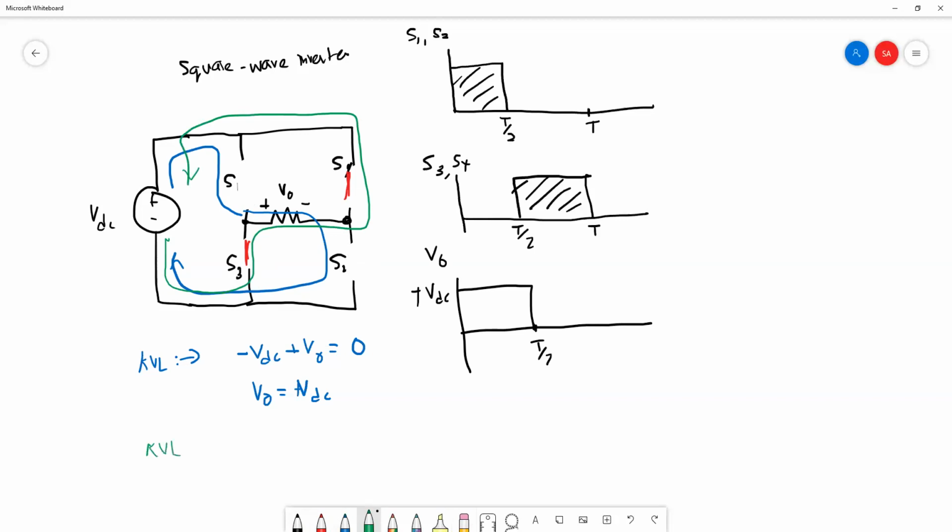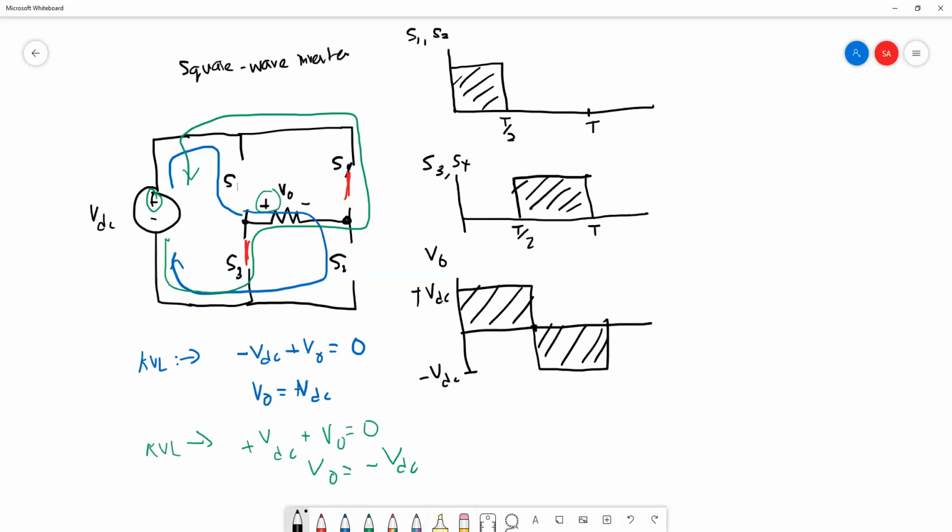The KVL during this interval is positive VDC plus positive V out equal to 0. So finally your V out is negative VDC. So for the other half period, the output voltage will be negative VDC. Now you have converted a DC voltage into an AC voltage.